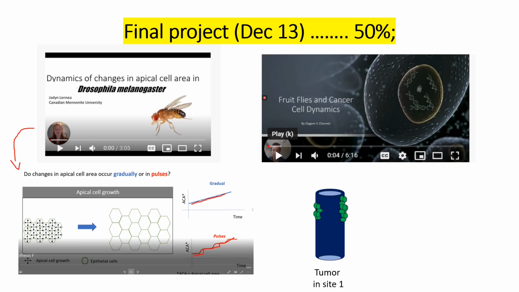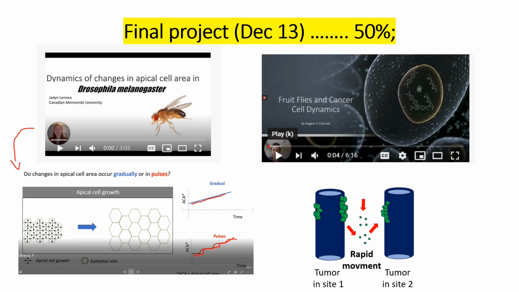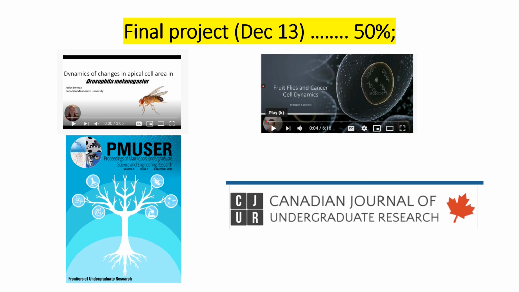In the other project, they will study how tumors migrate, and you will see pieces of tumor that are breaking, and we want to verify if they are able to go and attach into another place and grow or not, and what are the evidence that we have in favor or against this hypothesis.